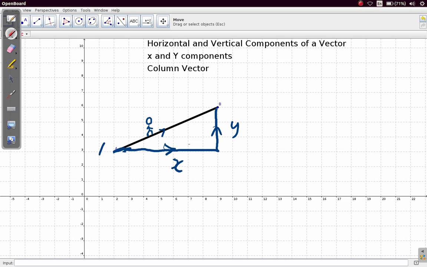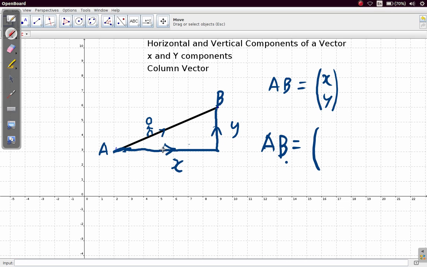If this is vector AB, we can say that vector AB is written in the form of X, Y. That's our column matrix, referred to as the column vector because it represents a vector. So AB in this specific case is equal to 7 to the right, and 1, 2, 3 up.